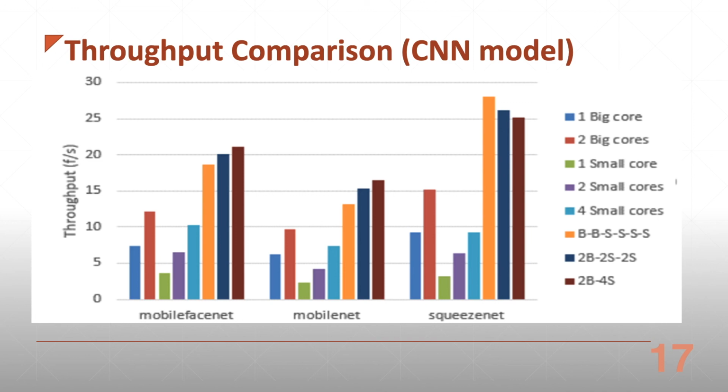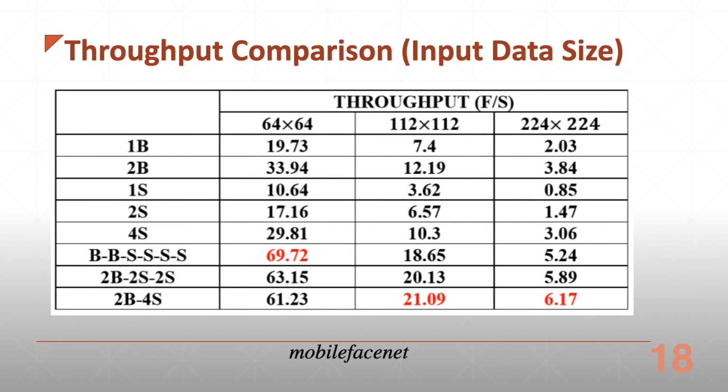The experimental results showed that the 3 pipeline configurations always perform much better than the multi-thread version. On average, the pipeline performance is 73% better than the best 2 big core multi-thread execution result. We also experimented on the MobileFastNet model using different input data sizes. We found that for cases of smaller input size, the pipeline configuration with 1 core in each group produces the best throughput.